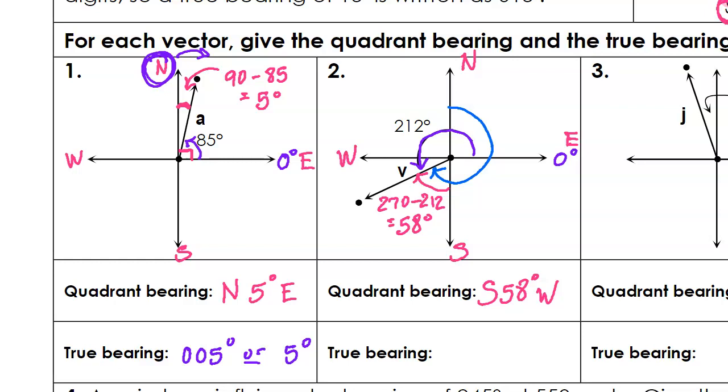So from north to south, the full angle there is a straight angle. That's 180. So if we take 180 and we add the angle we just found, 58, what do we get? 230. That is our bearing. Any questions on that?